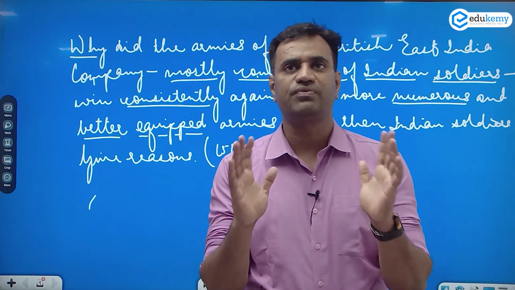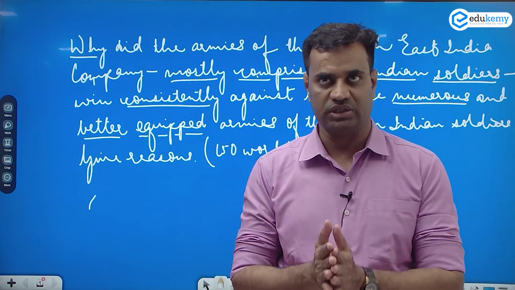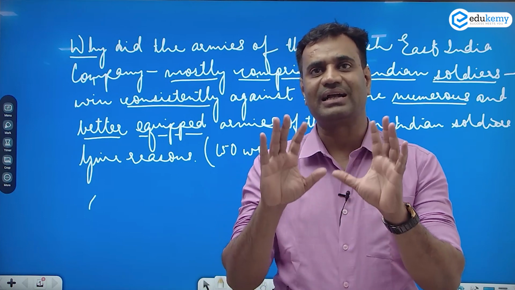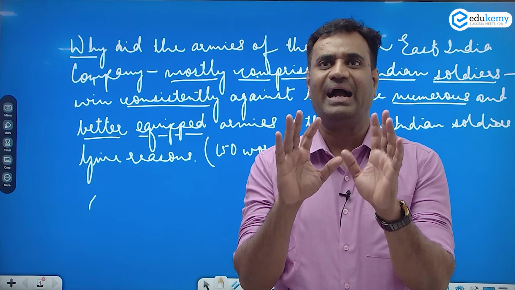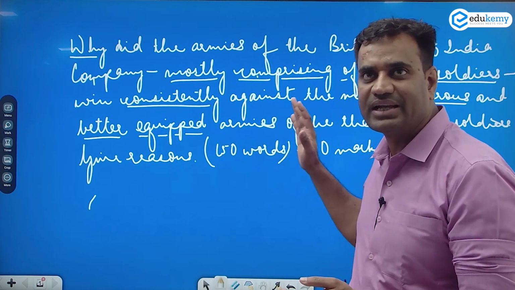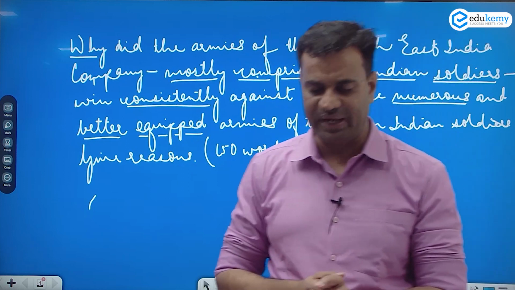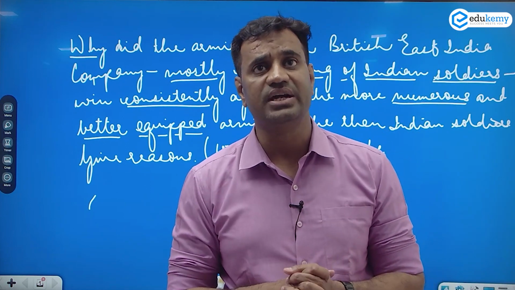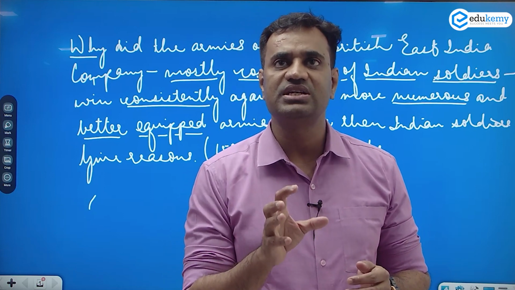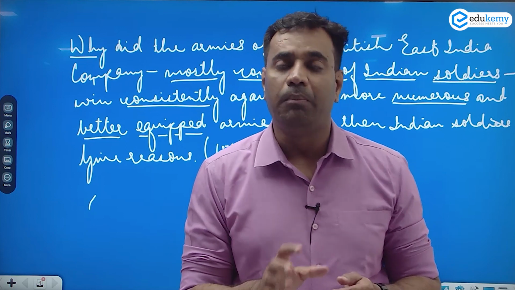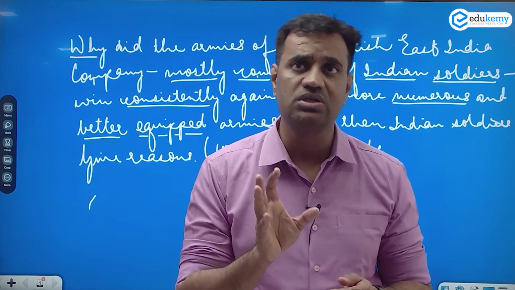So context, first of all, would be the introduction. In history, while writing the introductory part, you need to highlight the context of the question, the background in which the question has been framed. What would be the context of this question? Context would be that from the middle of the 18th century, the British East India Company began to acquire political power by recruiting Indian soldiers only.